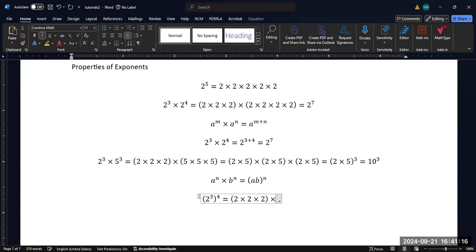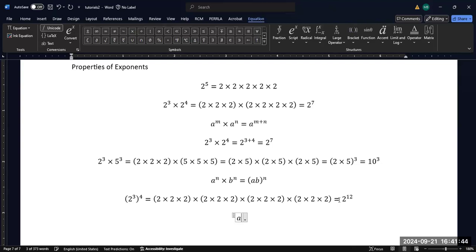And then we're doing that 4 times. So there's 2 cubed, and that's 2 cubed. And then that's a 2 cubed. And then that's a 2 cubed. So how many 2's are there? 1, 2, 3, 4, 5, 6, 7, 8, 9, 10, 11, 12. This is 2 to the 12th.